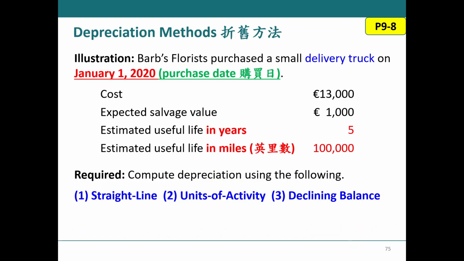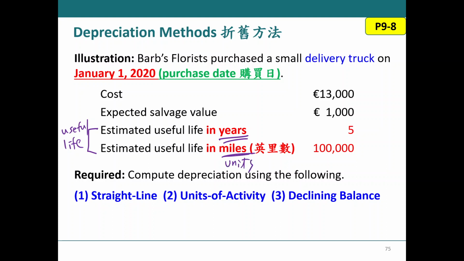So the same case, cost $13,000, residual value $1,000. We have a useful life, right? So this useful life could be years, could be miles. Miles means unit.